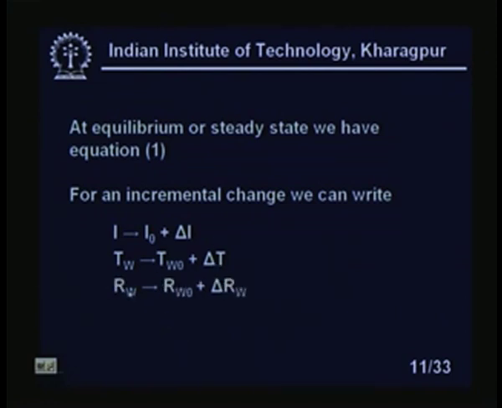R_W is the resistance of the wire. In the steady state equation we have written in terms of R_W0, here we are writing R_W0 plus delta R_W. Then U V equal to U V naught plus delta V naught.